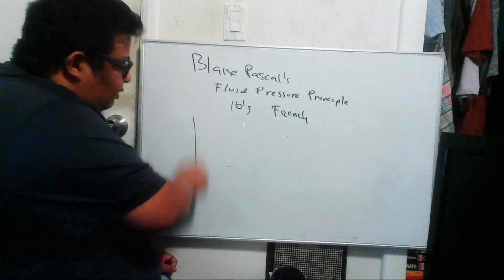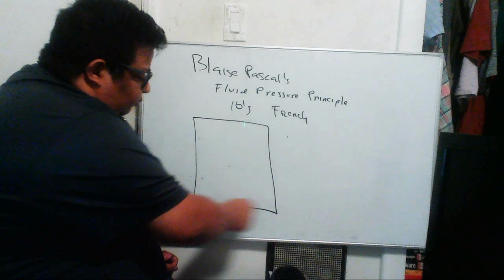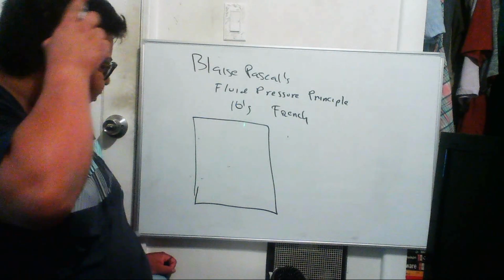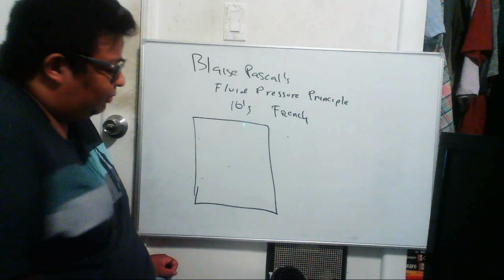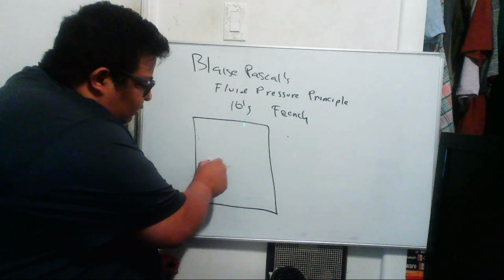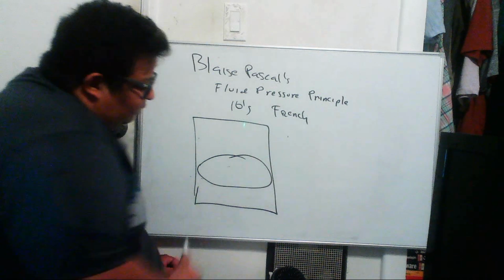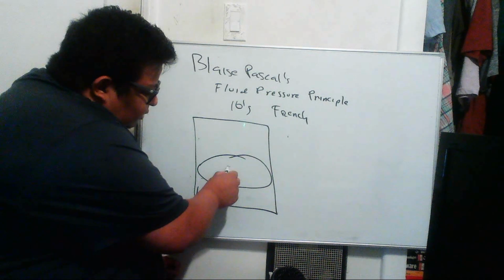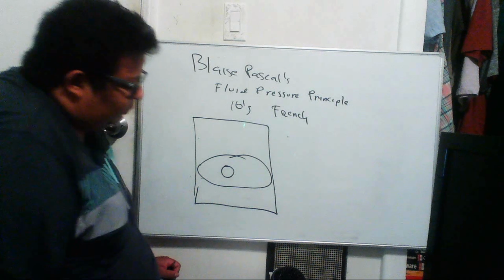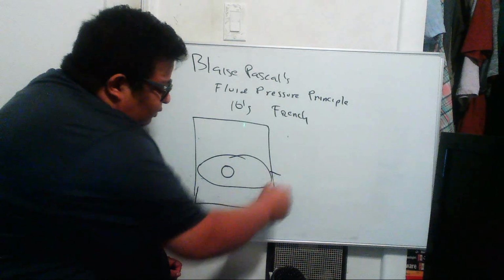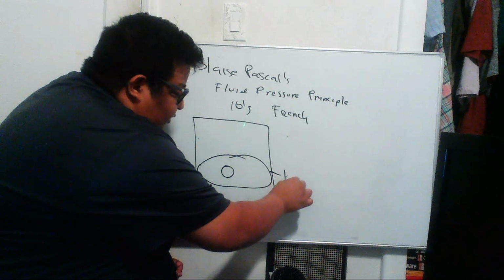So let's say you have a tank again, and remember, you've seen submarines, they have, let's say you have a submarine or a vessel, and sometimes you have a window submerged at a depth h.